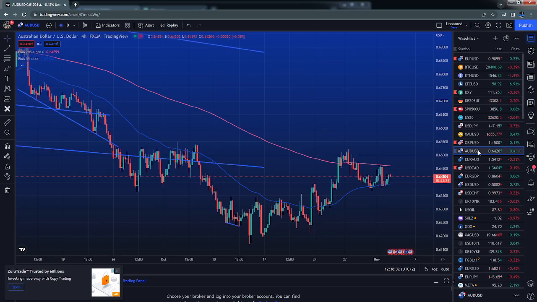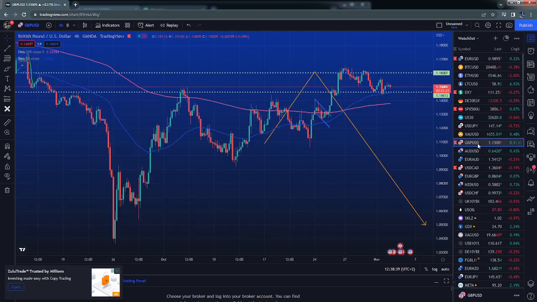Let's see AUD USD. It's a little bit different story, because you see, even in pound, we have the cross in the moving averages, something that we don't see in AUD.